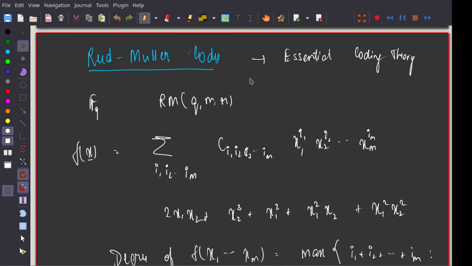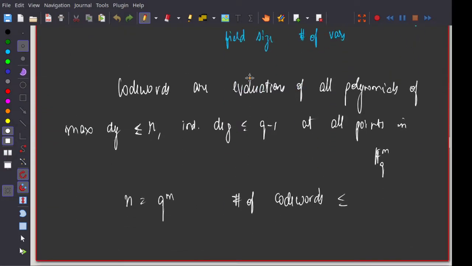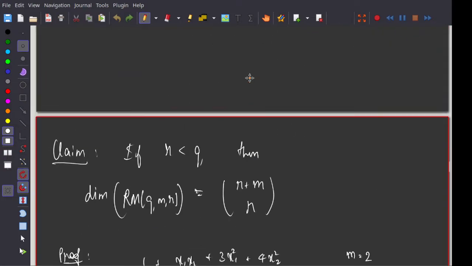In the last class, we were talking about Reed-Muller codes. Reed-Muller codes are obtained by taking polynomials as messages. Each message vector corresponds to a certain polynomial, but now it's not a polynomial in one variable, but in general in m variables. So the message polynomial looked something like this.